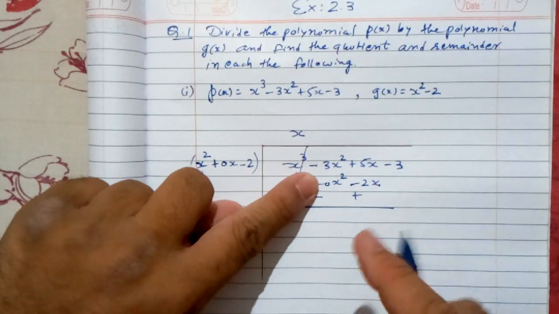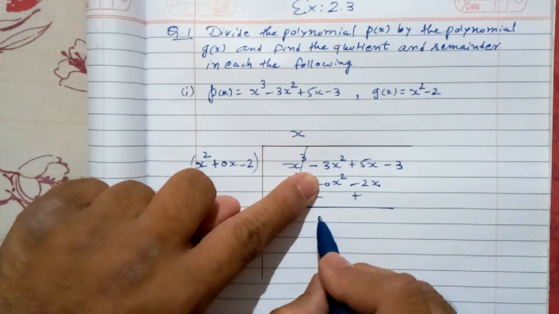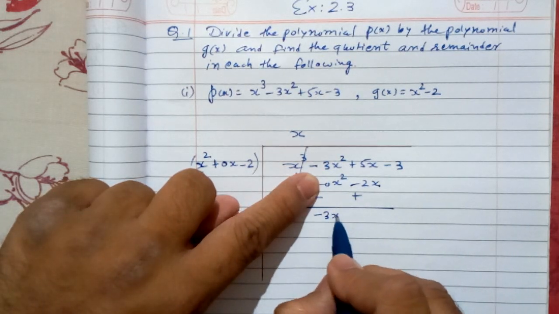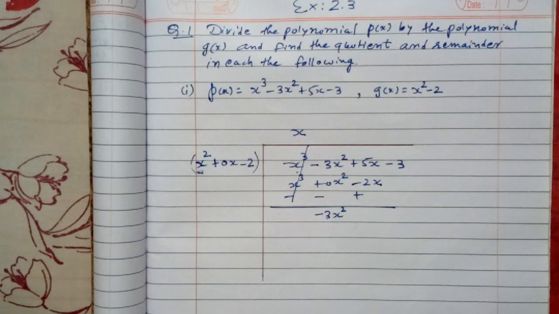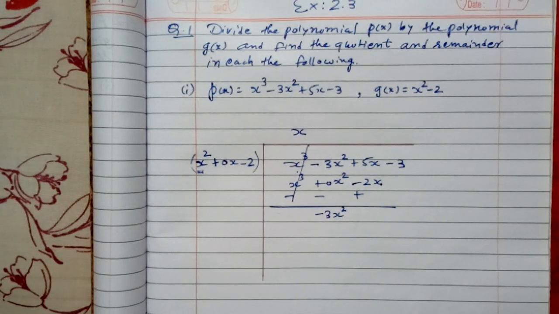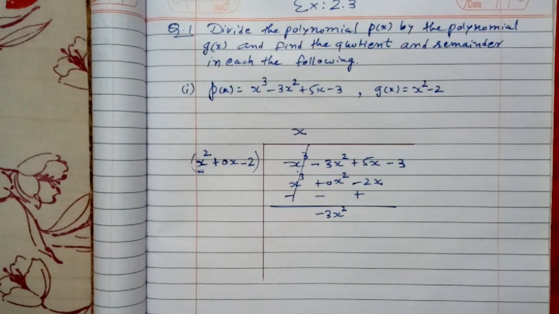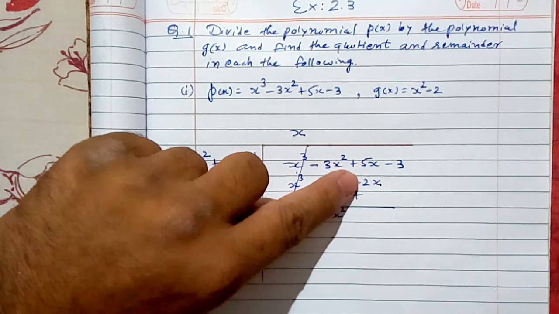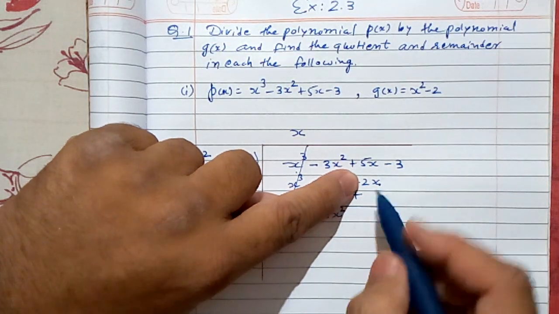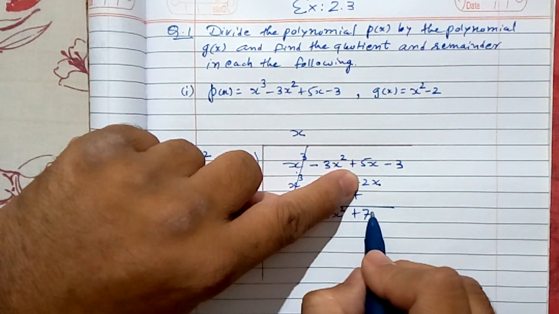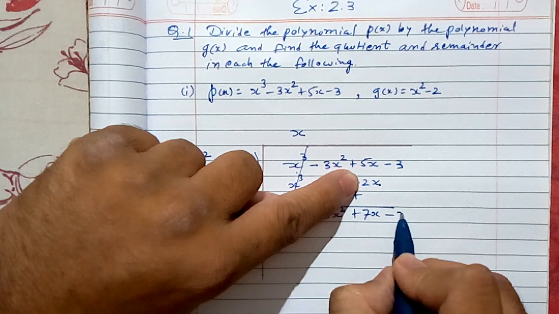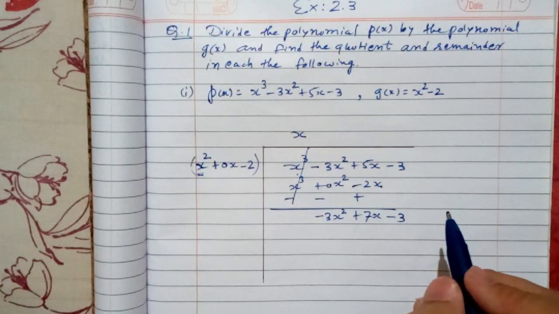See carefully, minus 3 minus 0, but you get minus 3x square. Again you close, what will be closed? You can close this sign, plus 5 plus 2, that is plus 7x minus 3, right?